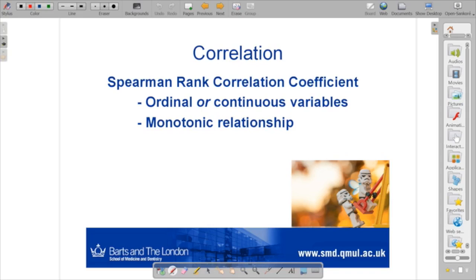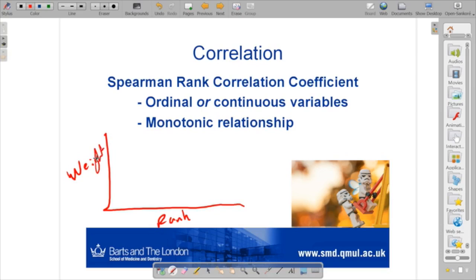And it has to have this monotonic relationship. But here we could have our ordered categorical variable, rank, and our continuous variable, weight.